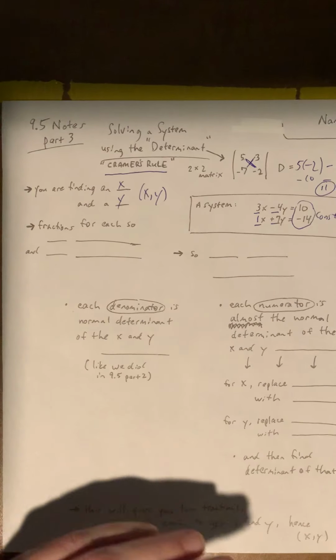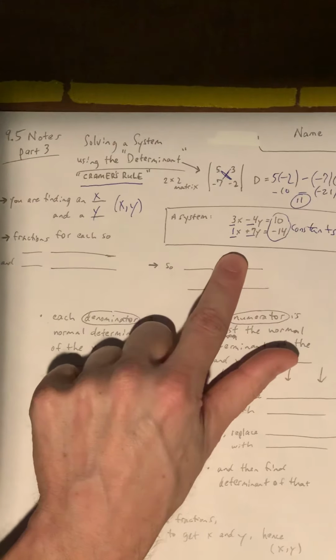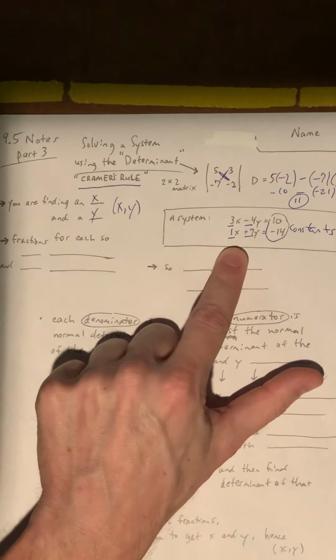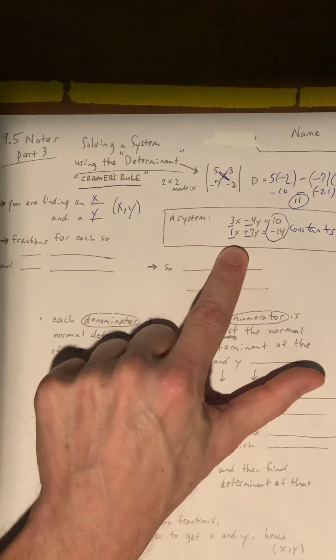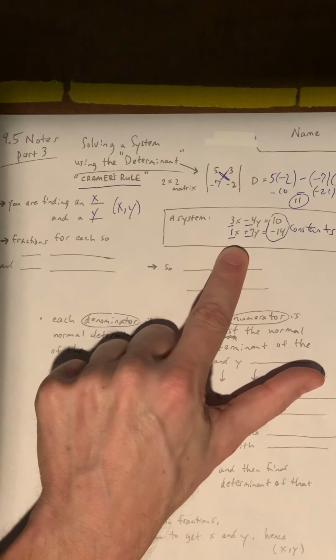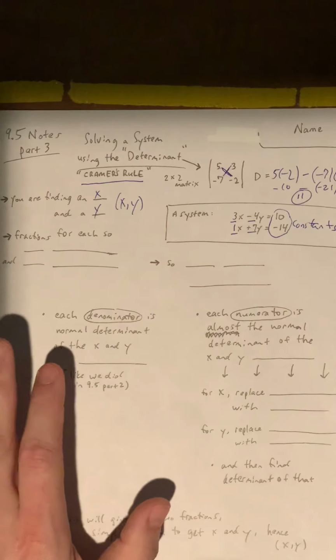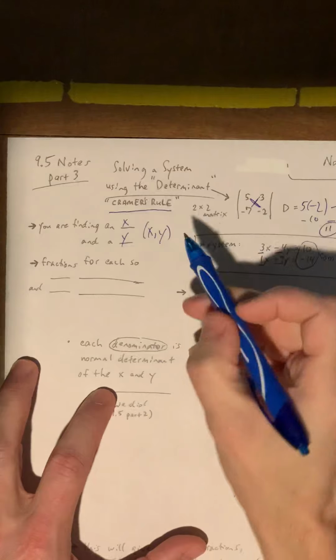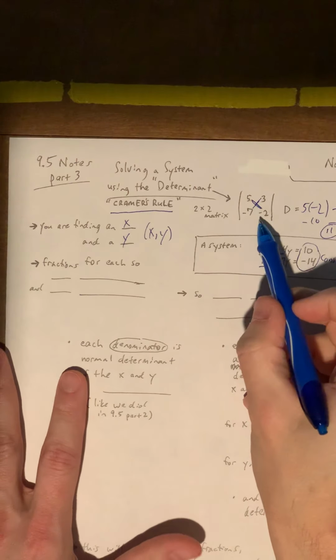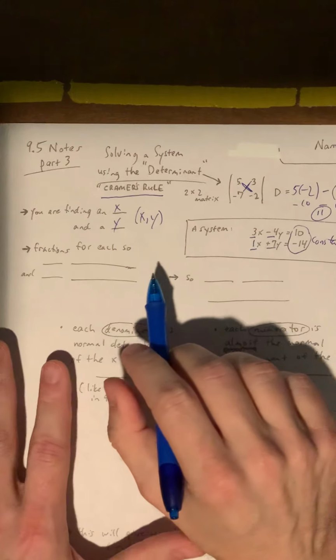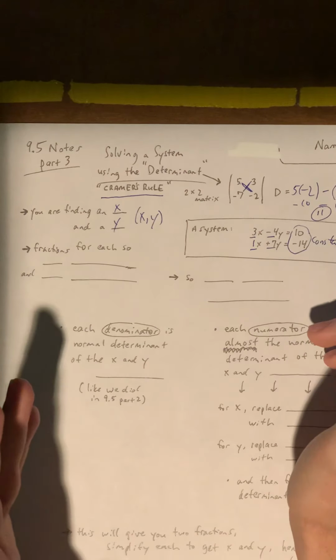Now, in algebra, you're taught to solve a system like this by either graphing the lines, using the substitution method algebraically, or maybe using the elimination method, which is another algebraic method. We're not going to use any of those. We're going to use Cramer's rule with the determinant, which is strictly arithmetic.